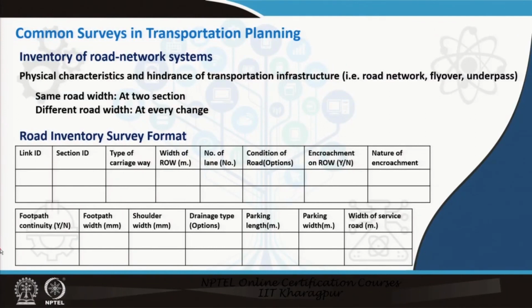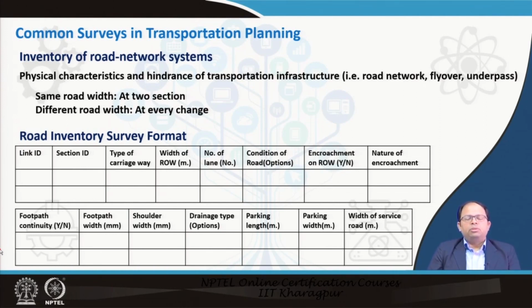So first we will cover some of the common surveys in transportation planning. As you can see, the first one is the inventory of road network systems, and this means we measure the physical characteristics and hindrances of transportation infrastructure, such as a road network or a flyover or underpass.